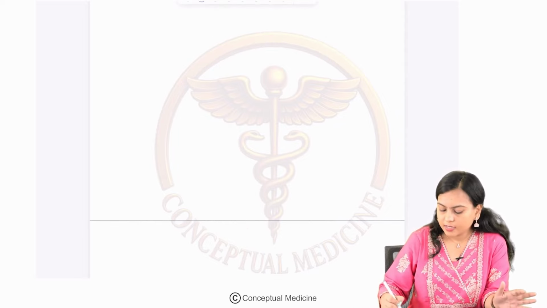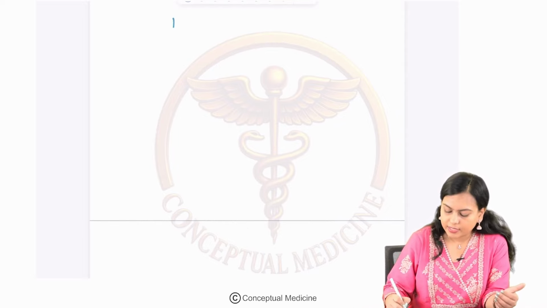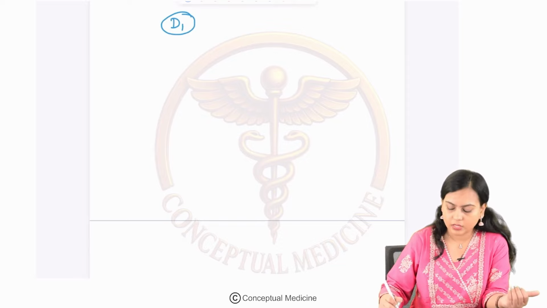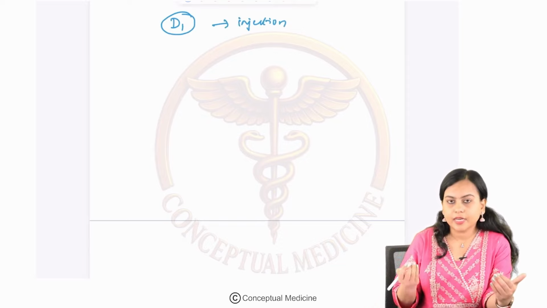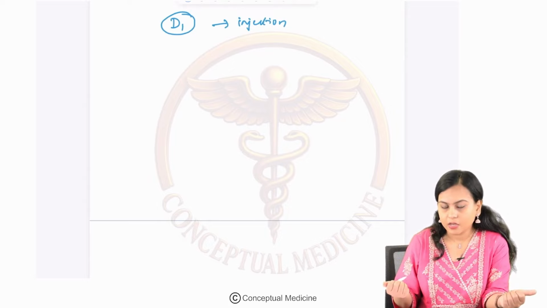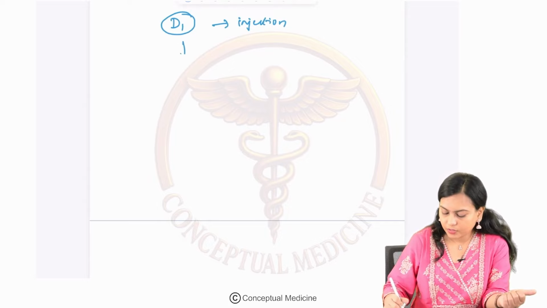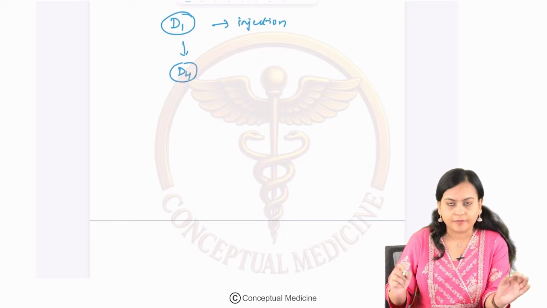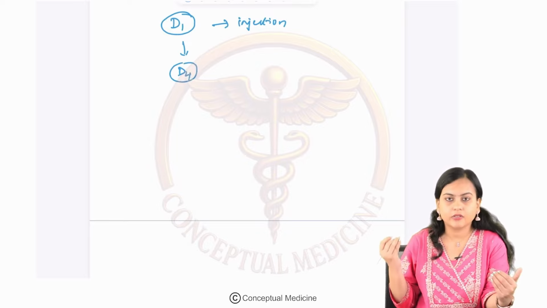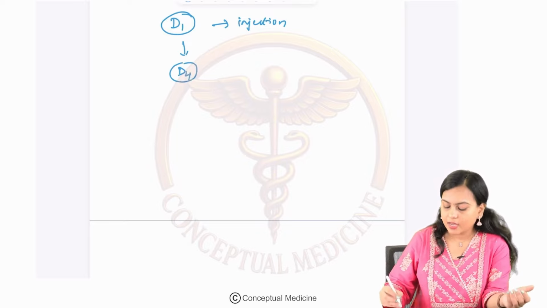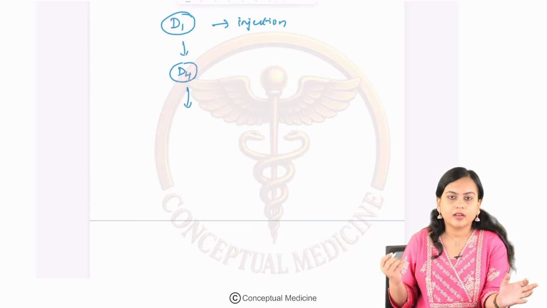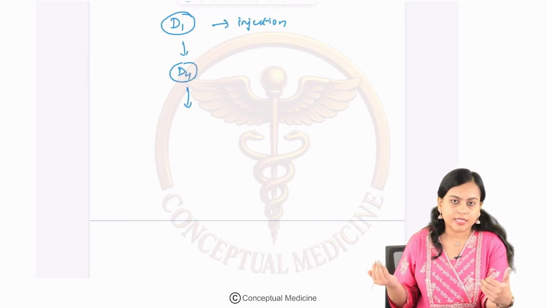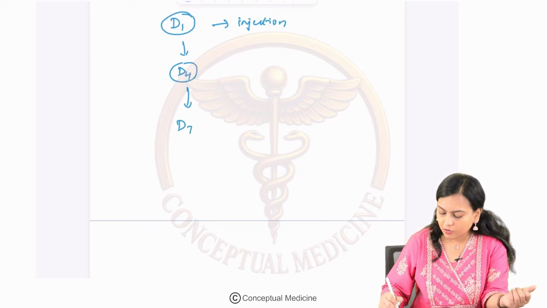Now, consider I have given methotrexate on day 1. Now, what I will do is, I will repeat the beta-HCG levels on day 4. Sometimes there can be a slight increase in serum beta-HCG levels on day 4. So, we will be checking the next beta-HCG level on day 7 also.